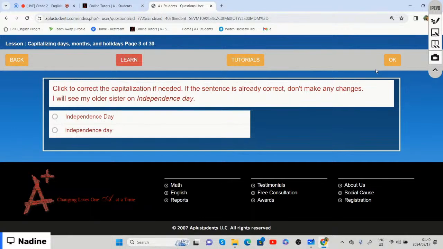So I see my older sister on Independence Day. And how are we going to write it? Are we going to choose option one, or are we choosing option two? Independence Day.